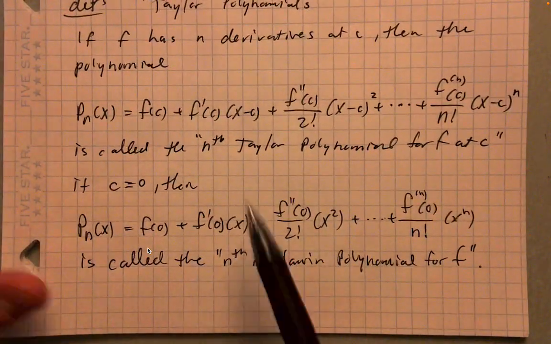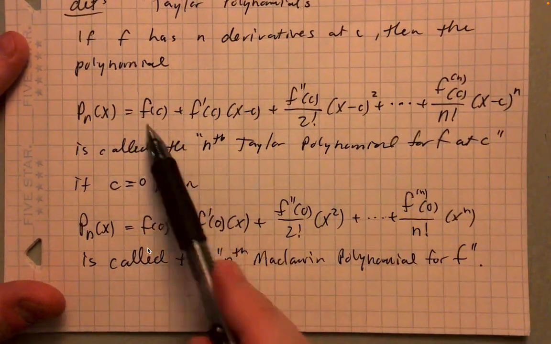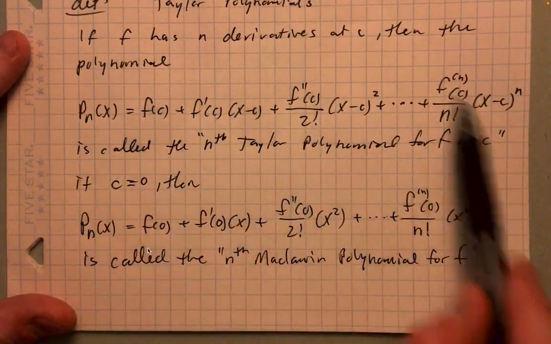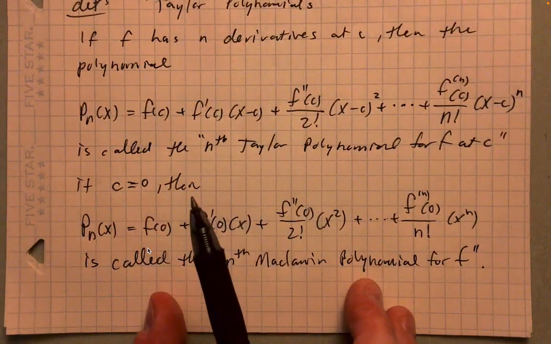Okay, so that's the definition, and it's a way to approximate a given function f using this form. Let's do some examples and try generating some of these polynomials and see what's involved.